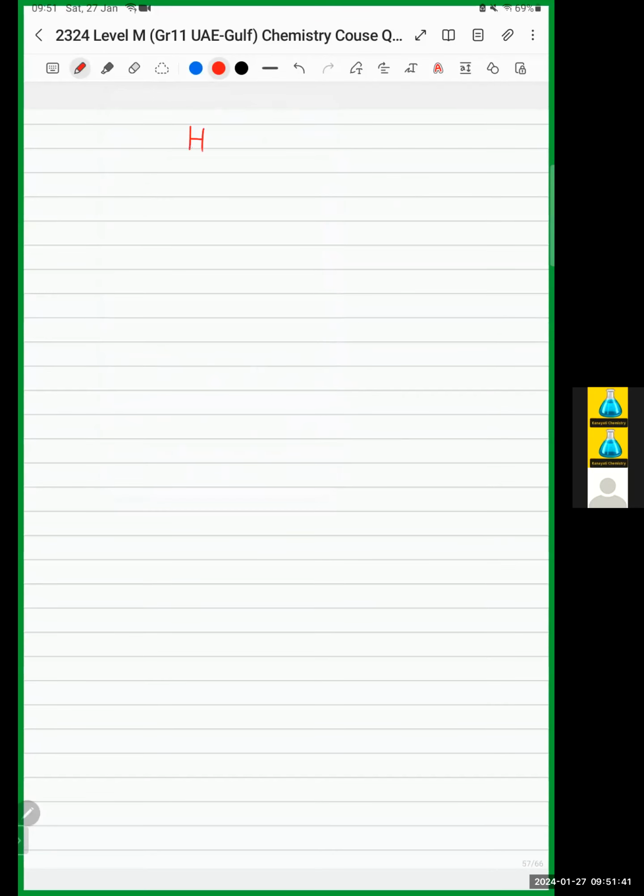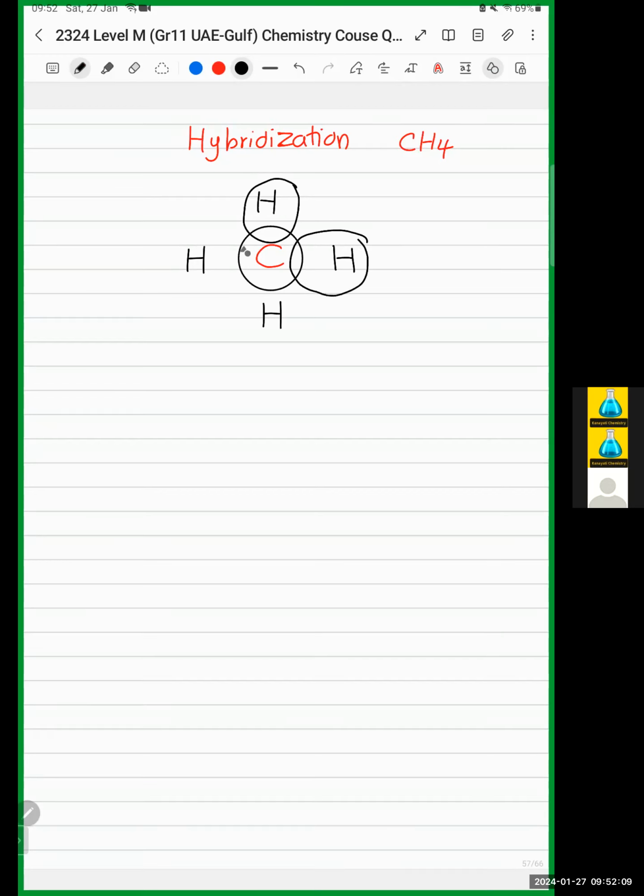Okay, hybridization is a property which is done by the atoms when they try to make bonding. When this carbon starts to make bonds with the hydrogen atoms in a CH4 molecule, it will face an issue, because it needs to make bonds with 4 hydrogen atoms. And that's not an issue, because we now know that the carbon bonds with 4 hydrogen atoms, and the carbon has 4 valence electrons.